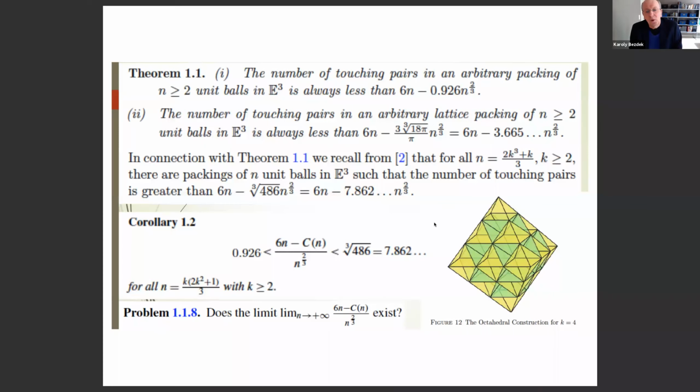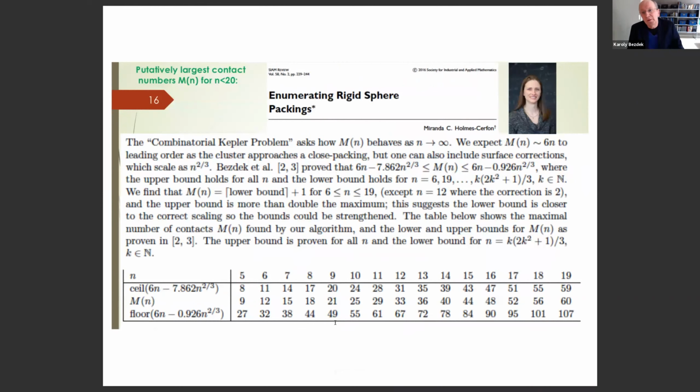And so the question arises: is there a limit here? And what is that limit? I really don't know, but this problem has been studied in a very nice paper enumerating rigid sphere packings, and the result that I can quote here is this chart at the bottom.